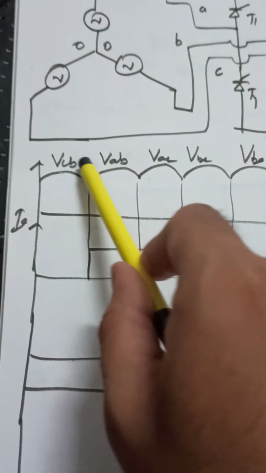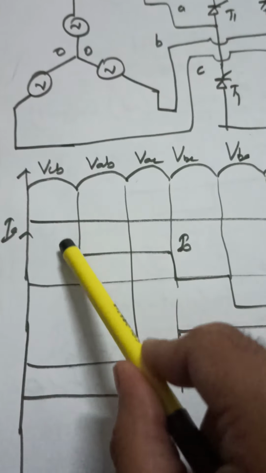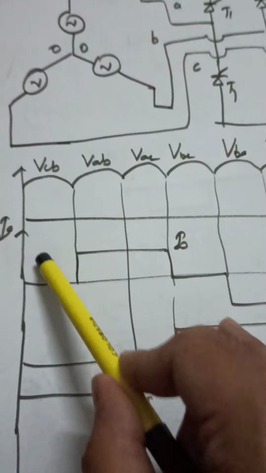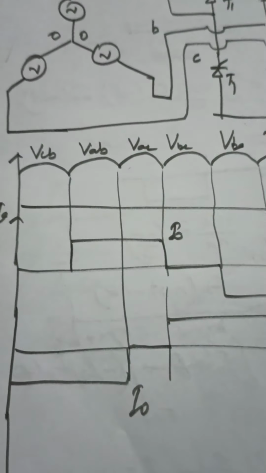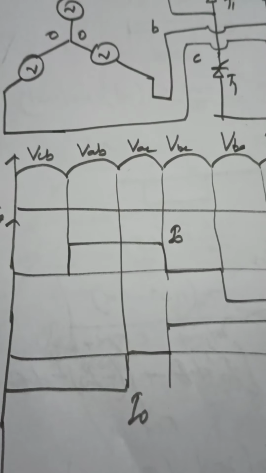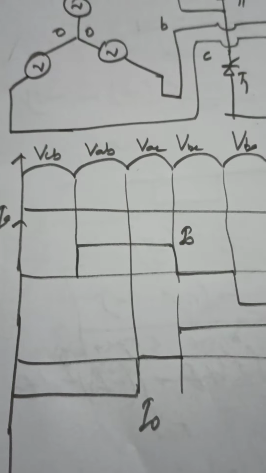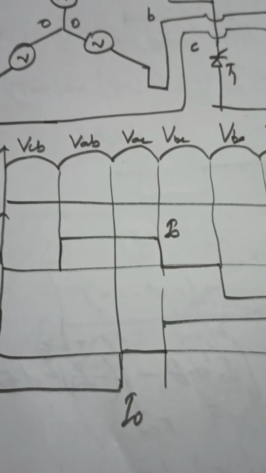Have a look at this. At alpha equal to 30 degrees, at theta equal to 30 degrees. Why? Because in a balanced system, the line voltage leads the phase voltage by 30 degrees. Right?